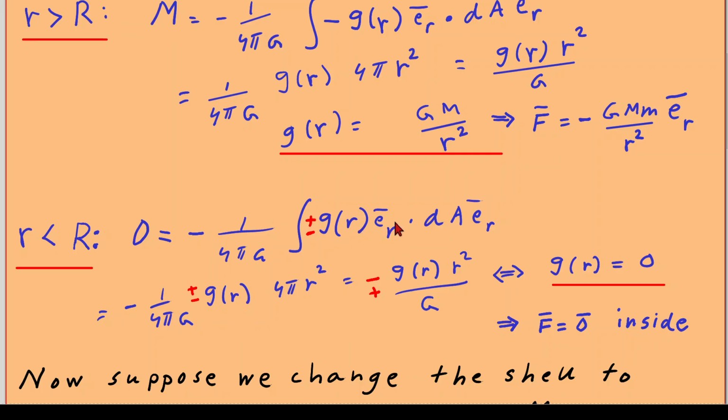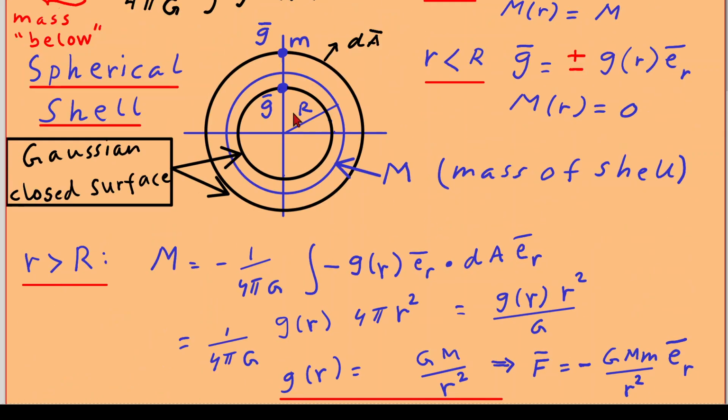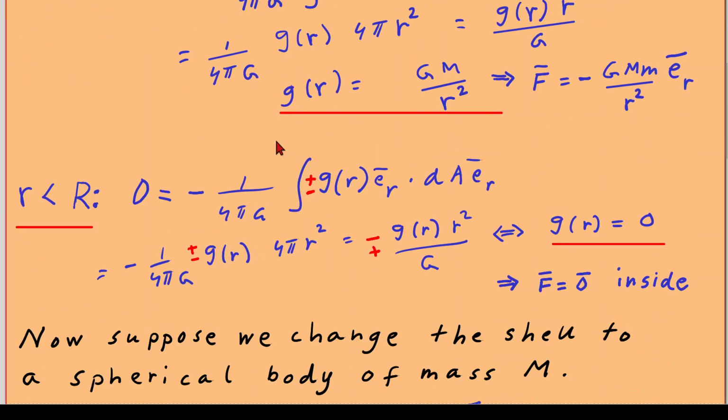And then it's again e_r dot e_r equals 1, and then integrating over dA, that will just be the surface area of the black one here. And now we consider that distance to be r, so it will be just 4 pi r squared. And then again, minus times that, then minus like this, okay?